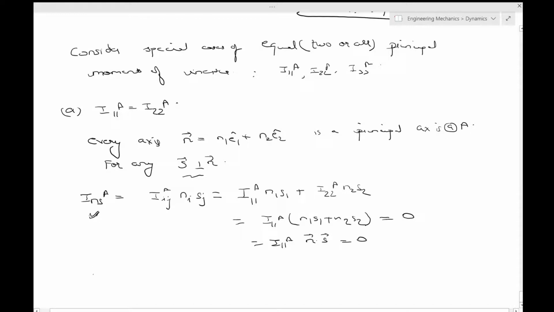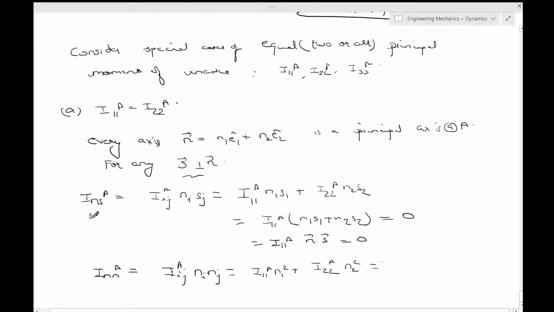So Inn will be equal to Iij of A n_i n_j, which is I11 of A n1 square plus I22 of A n2 square.